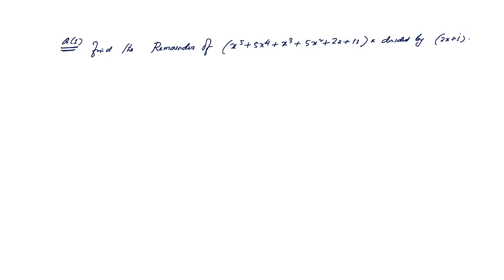As for example, the question is to find the remainder of x to the power 5 plus 5x to the power 4 plus x cube plus 5x square plus 2x plus 1 when it is divided by x plus 5. This problem is given in exercise 4 of the B.Sc Mapa book.